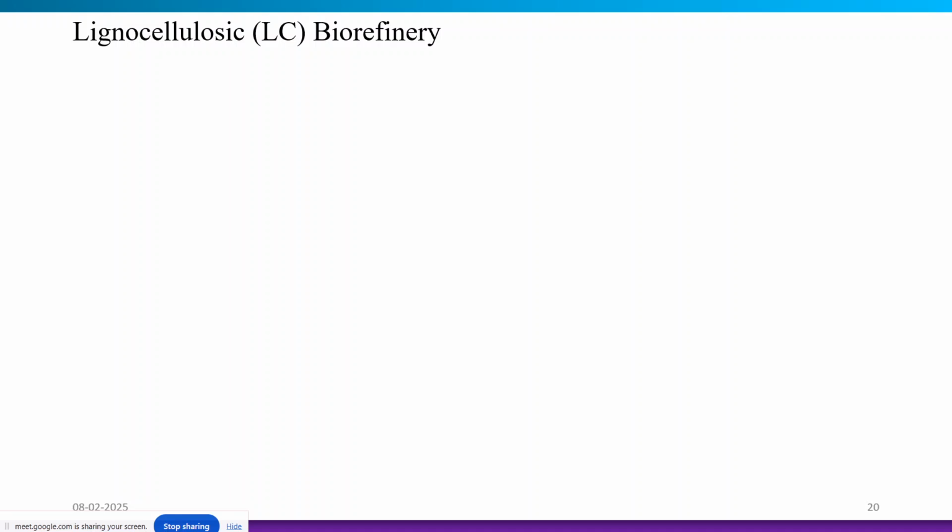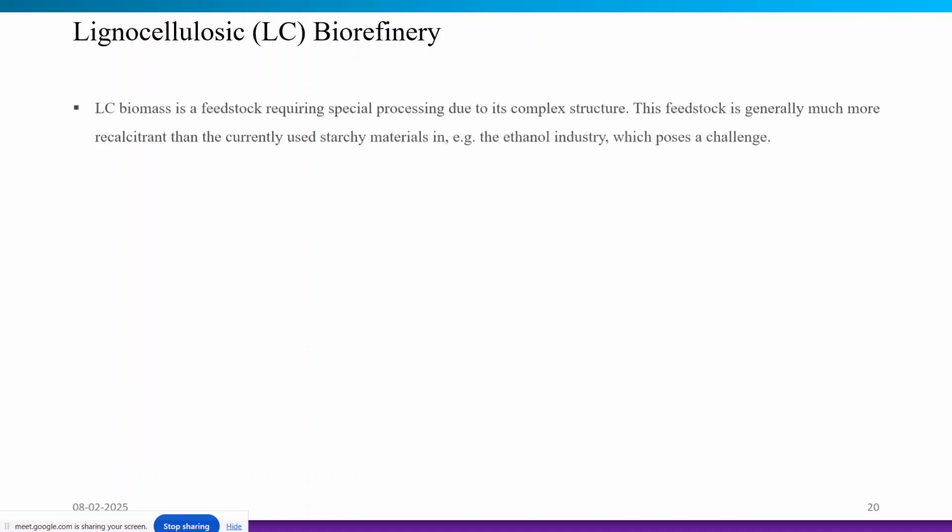It comes under lignocellulosic biorefinery as a part of this whole crop biorefinery. I am presenting it in a separate way because lignocellulosic biorefinery is very important because of its availability as a biomass. It is well available in the market in bulk amounts.